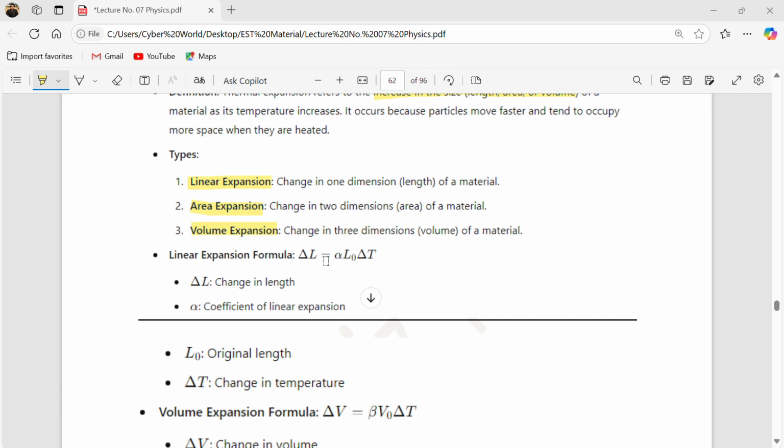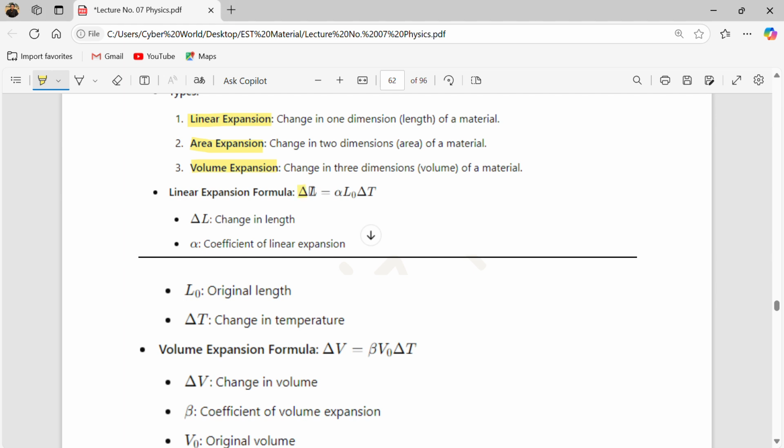The change in length is denoted by delta L. Delta L equals alpha L naught delta T, where alpha is the coefficient of linear expansion, L naught is the original length before providing that temperature, and delta T is the change in temperature, how your temperature changes from initial to final. After providing temperature, your length increases, so it becomes delta L. So this is the formula.